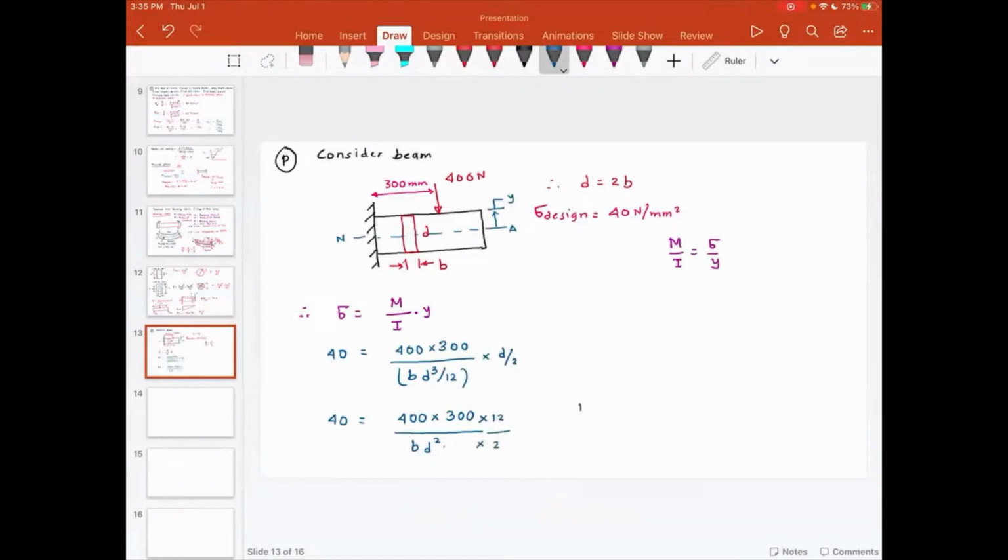And if you look at the equation, D is equal to 2 times B. So what I would do is substitute the value of D is equal to 2 times B, and then my equation becomes 400, 300 multiplied by 12, B multiplied by 2B square multiplied by 2 is equal to 40.